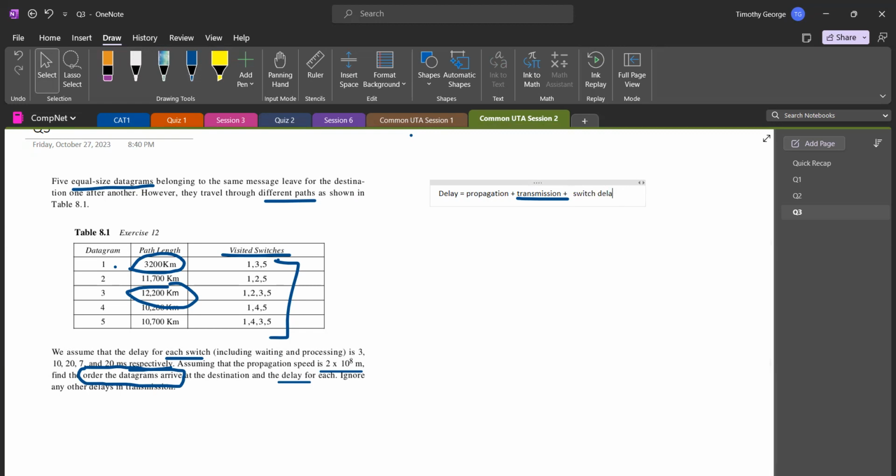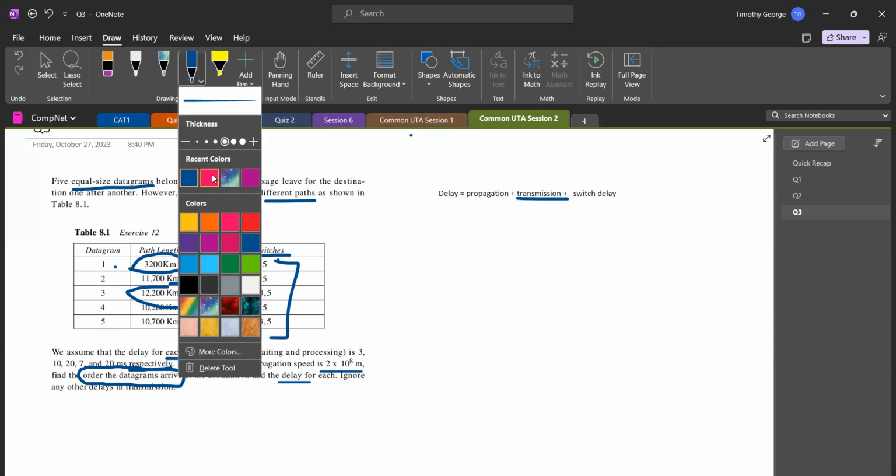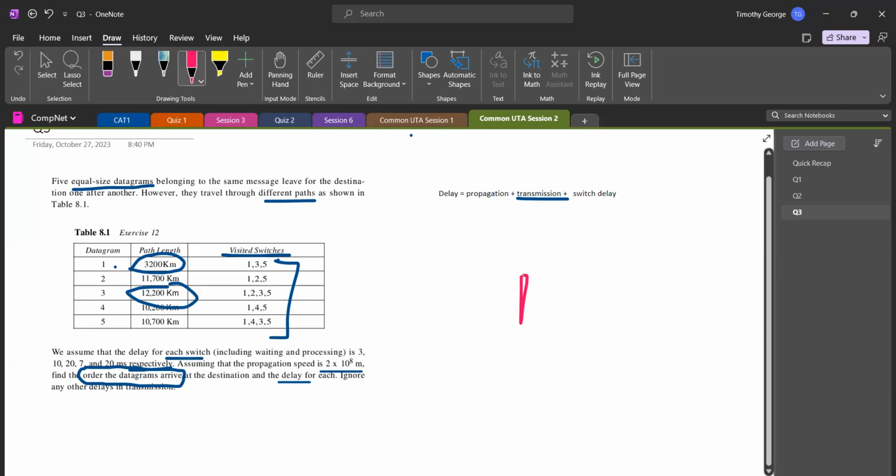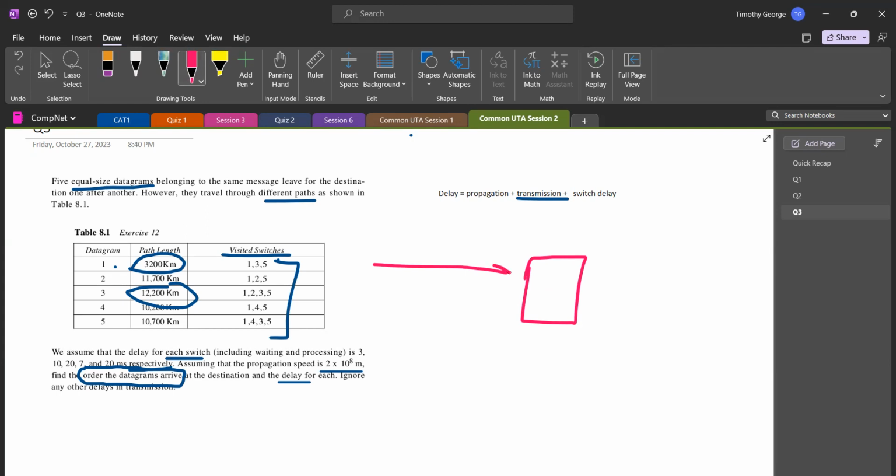This is the switch delay. What is switch delay? Basically, when you have a switch and it receives a packet or datagram, it will first process it, and then the datagram goes into a queue, and then from that queue, one by one, each packet will be sent out.